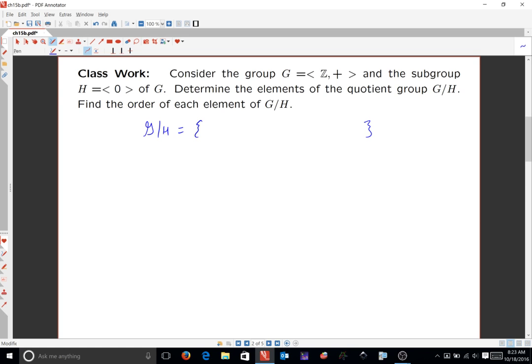H is the cyclic group of 0. What are the elements in that right there? Yeah, it's just 0. So I couldn't give you an easier problem for the first thing in the morning.